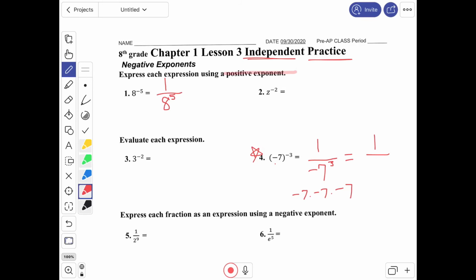Well, 7 times 7 is 49. Times 7 again, it would be 343. And I have an odd exponent, so that makes my answer negative. So negative 1 over 343.